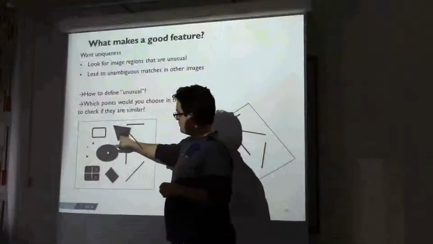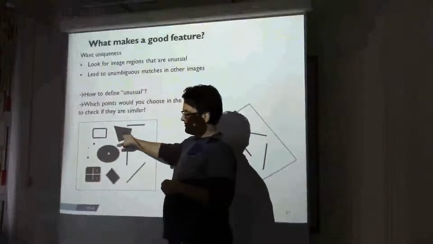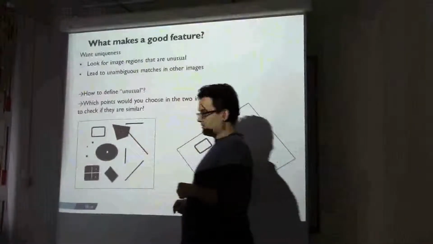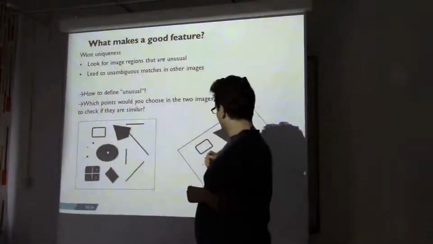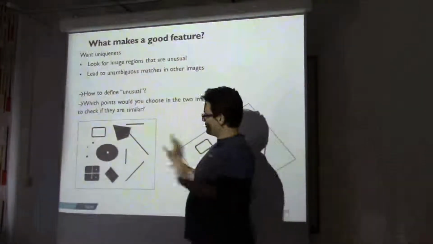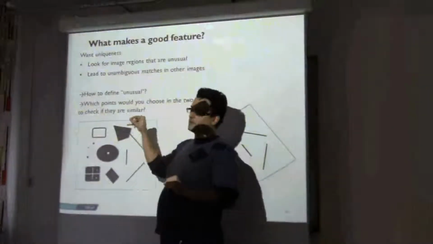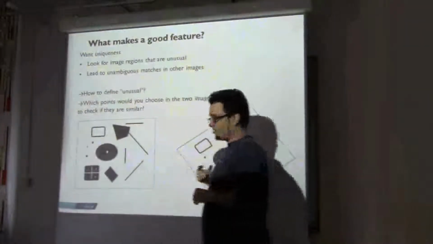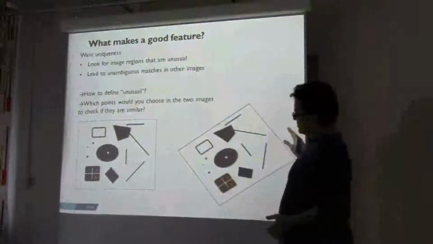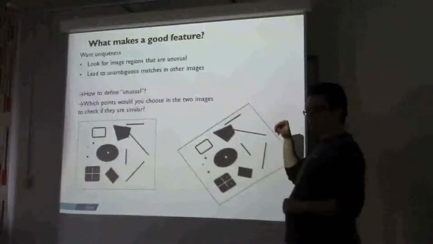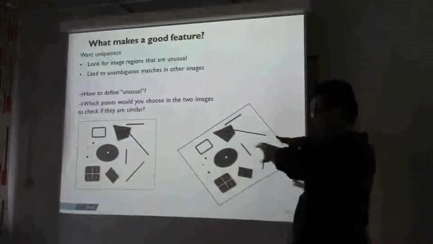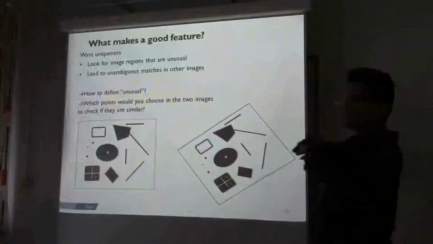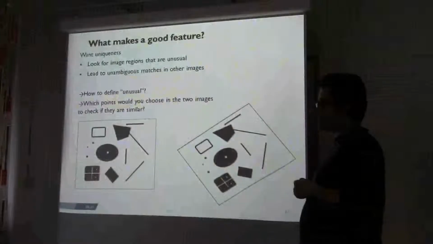Would you mark this point here? Or this point here? I give you this image, say mark points in the image, and then come back later, have this image, and mark the same points, so you can align them or merge them to say that they are the same image.